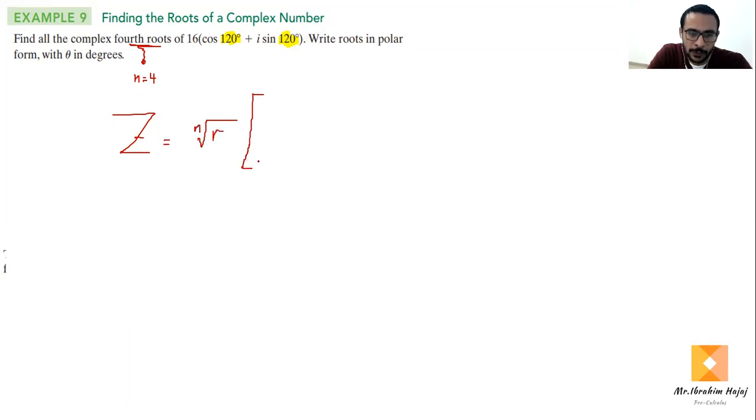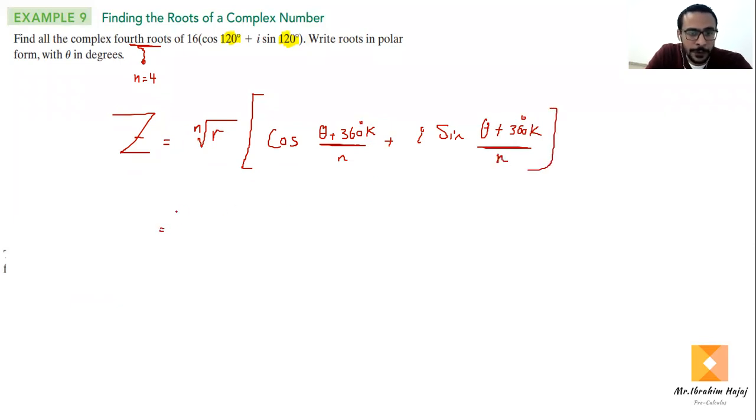I prefer, guys, that you write the rule first: cosine of theta plus 360k in degrees, all over n, then plus i sine of theta plus the same 360 degrees k over n, over n. Close the bracket.